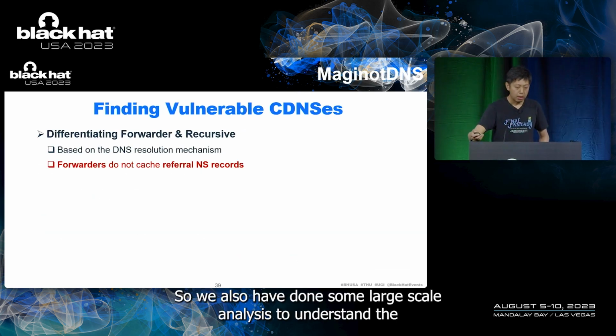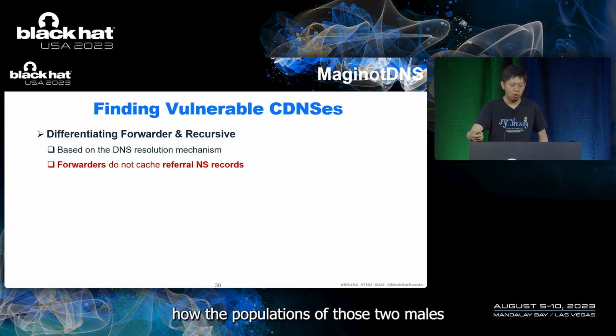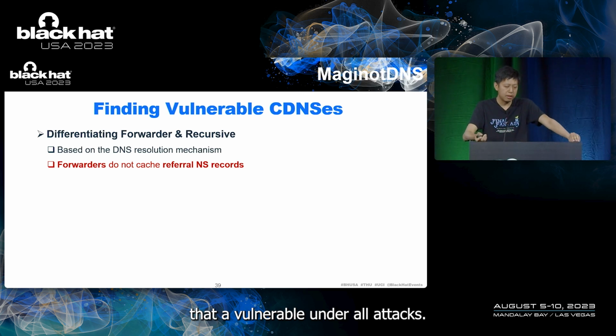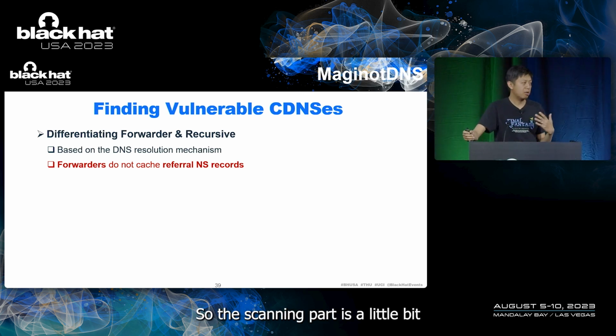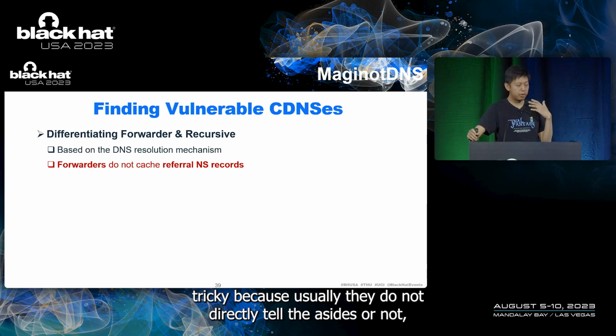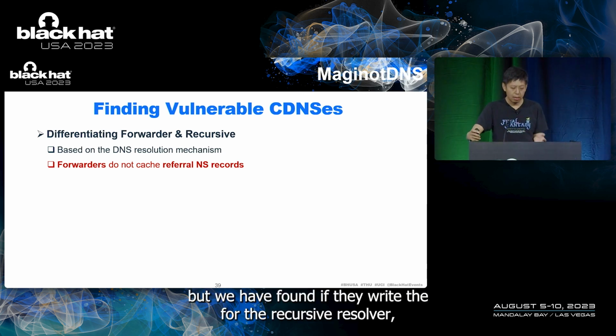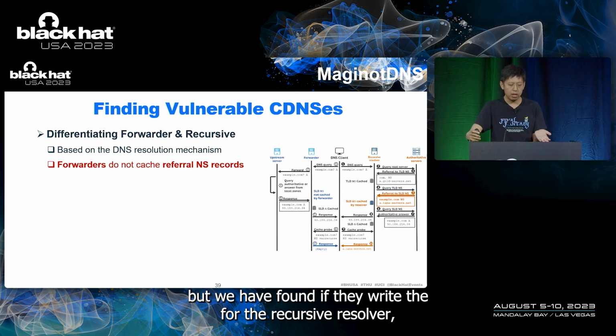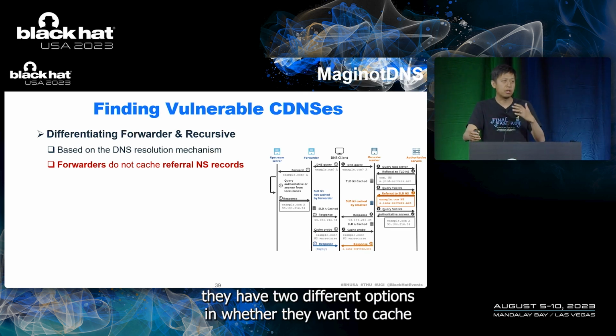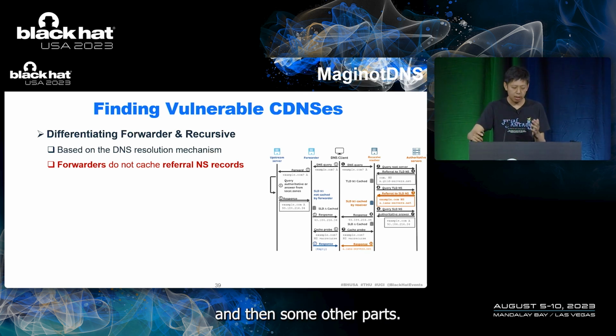Okay, we also did some large-scale analysis to understand the population of domains that are vulnerable to our attacks. The scanning part is a little bit tricky because usually they do not directly tell whether they are CDNS or not. But we found that forwarders and recursive resolvers have different options in whether they cache the name server parts.